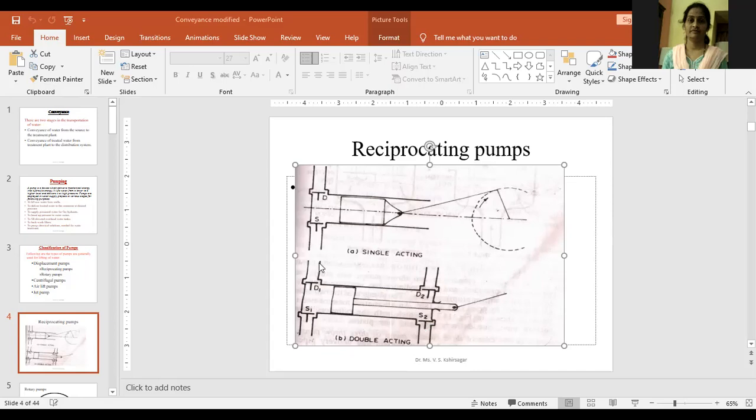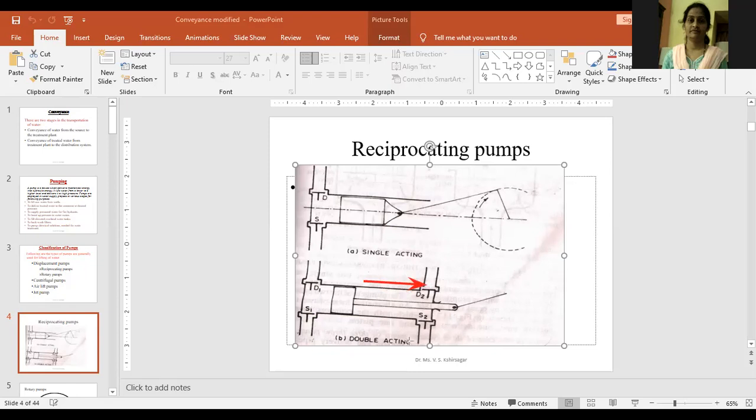These two valves are allowing the water to enter in an upward direction from this source.